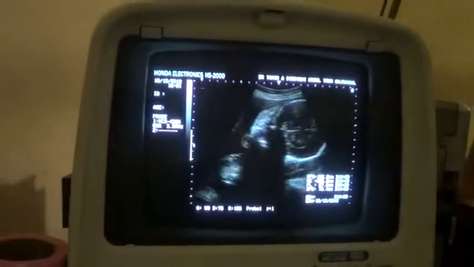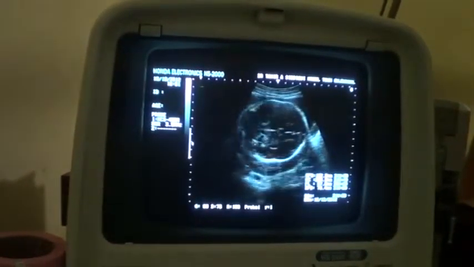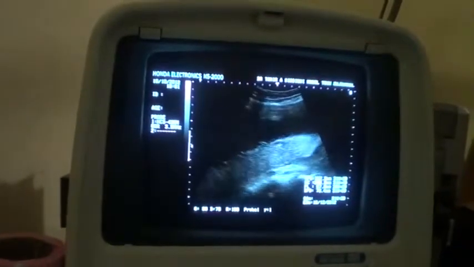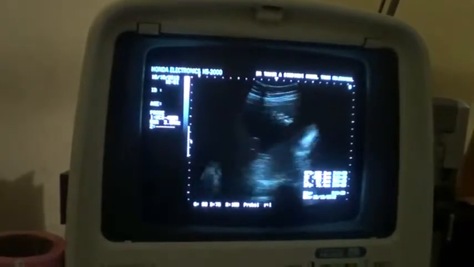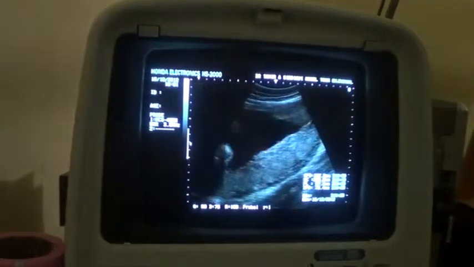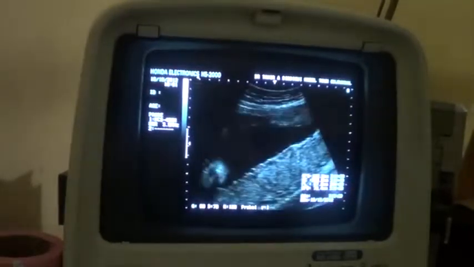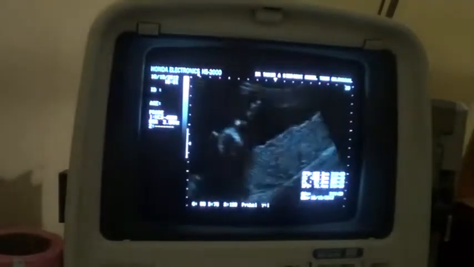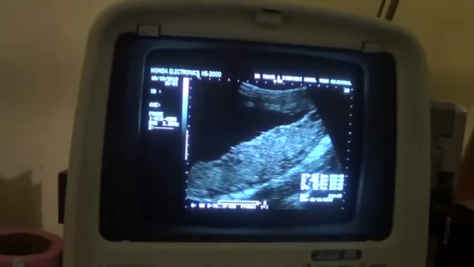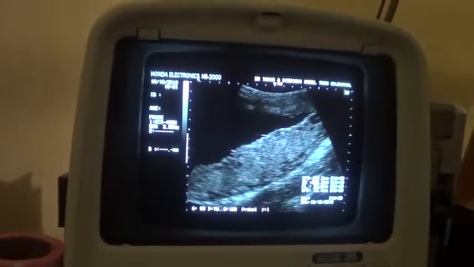So after having done this, let us see a little bit of the placenta. You see that it is posterior wall, and the grade of the placenta is grade 3, 2 to 3 rather, I will say.